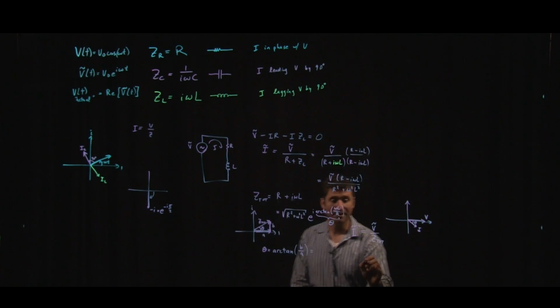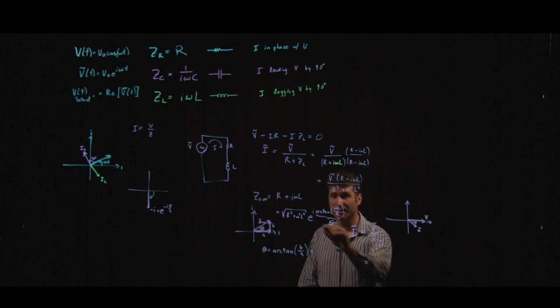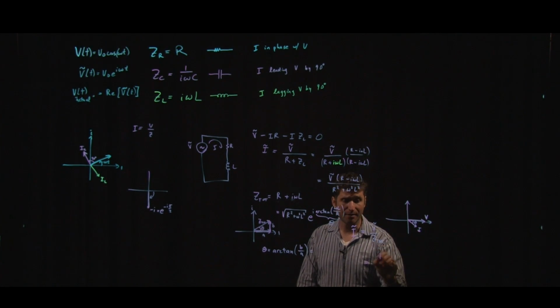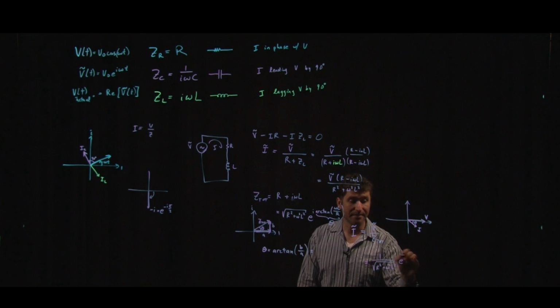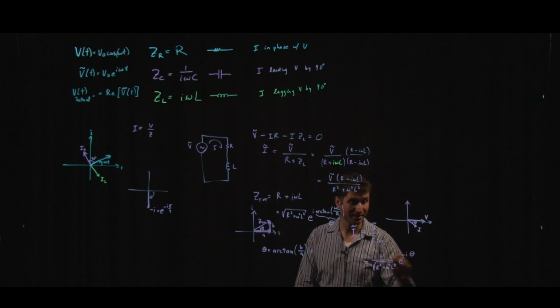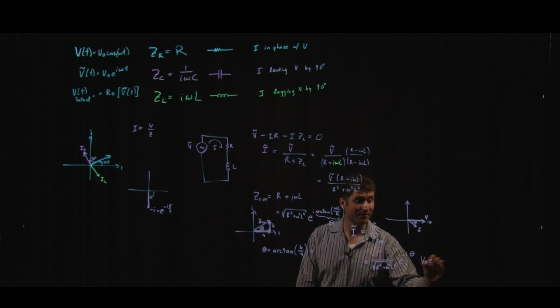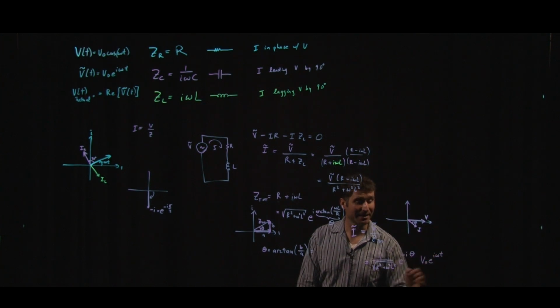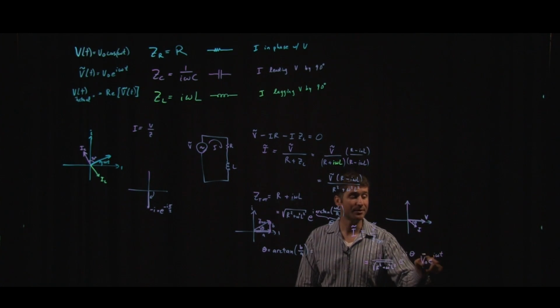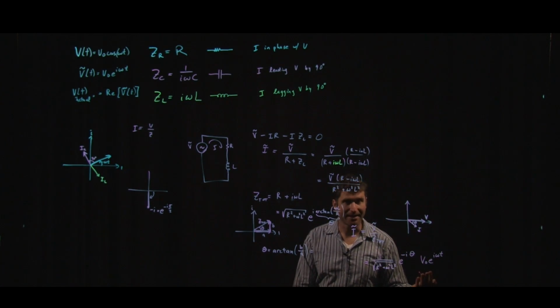So plugging in the result here, I have 1 over the square root of R squared plus omega squared L squared, and then I have an e to the minus i theta, where theta is given by this arctangent. This is all 1 over Z total here, and I'm going to multiply by V naught times e to the i omega t. So again, remember that with phasors, when the exponentials multiply, that just means their phases are adding with each other.